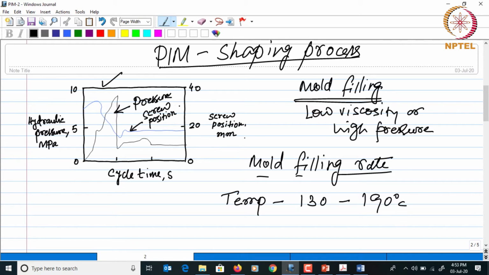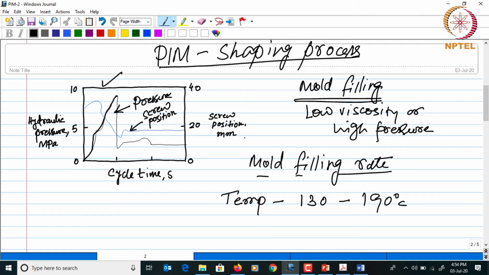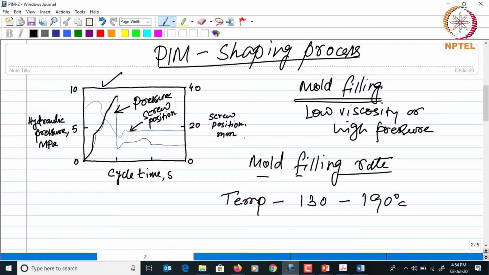Right, so as I said, due to the increased resistance to the flow of the powder binder mixture into the mold cavity, the pressure has to be continuously increased, as you could see from here, right? And the temperature also drops during the mold filling process, and therefore the viscosity increases, and hence it becomes all the more necessary to increase the pressure until the die cavity is completely filled.